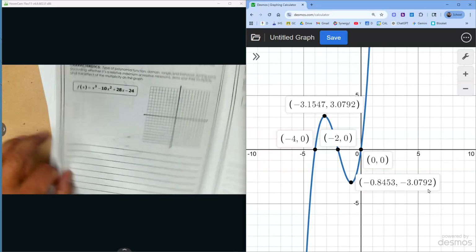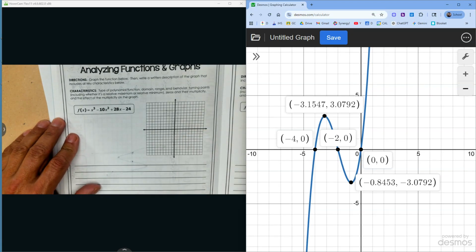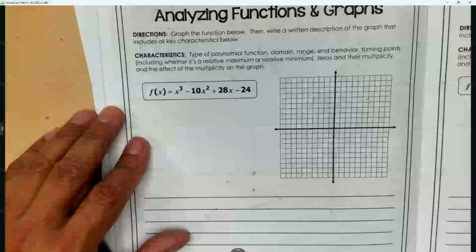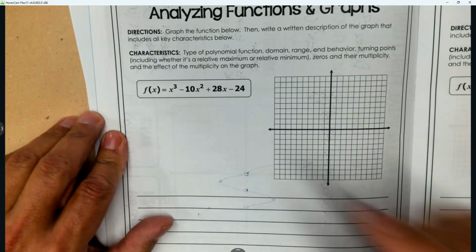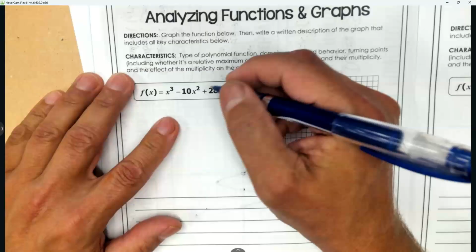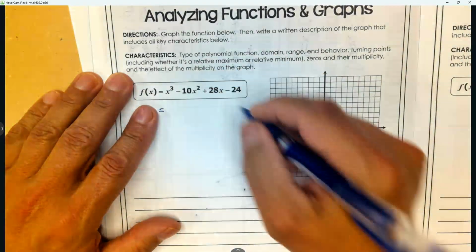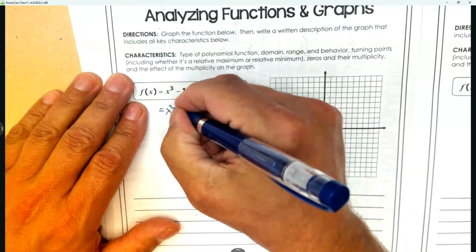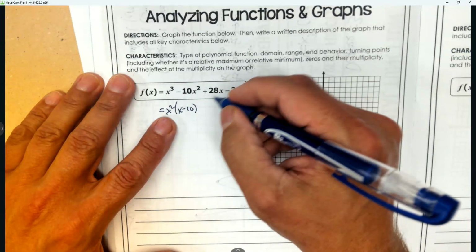Let's try it again. So let's start here. And then when I need Desmos, I'll do it. So first thing I'm going to do is try to factor it. If it's not factorable, and it may not be. So if it's 4 terms, I'm going to factor out an x squared. And then I'm going to factor out the number that goes into both, which is 4.